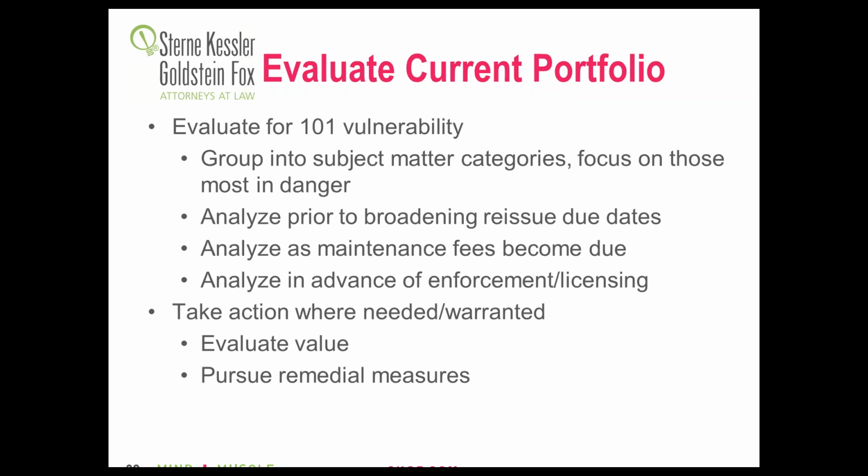And for your current portfolio, just something that you may want to think about now that we at least have, I think we'll have somewhat of a focus on these guidelines. For the past year, while we were waiting for the Alice decision and then waiting to see what the Patent Office would do post-Alice, there was a lot of uncertainty.